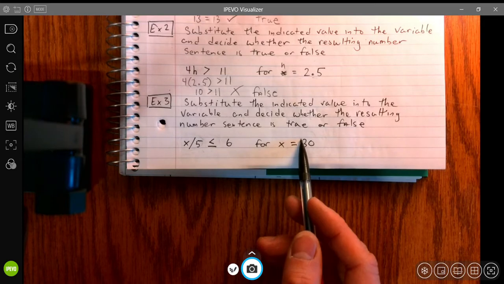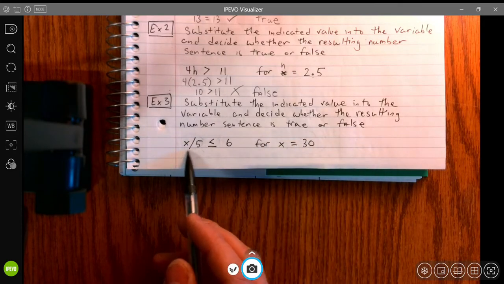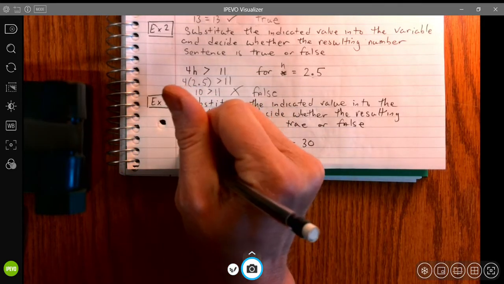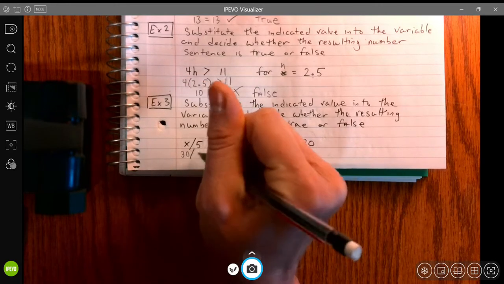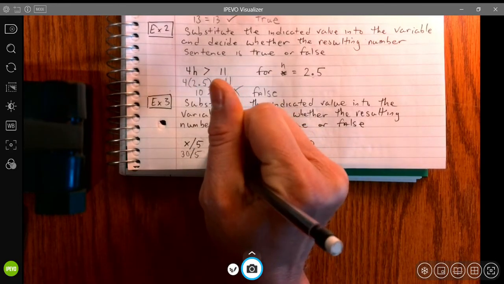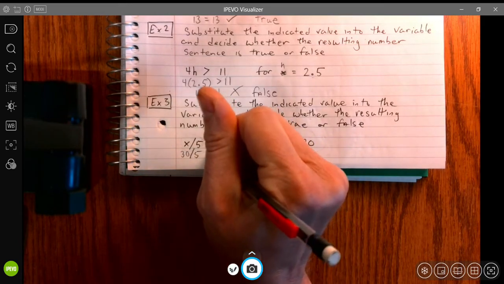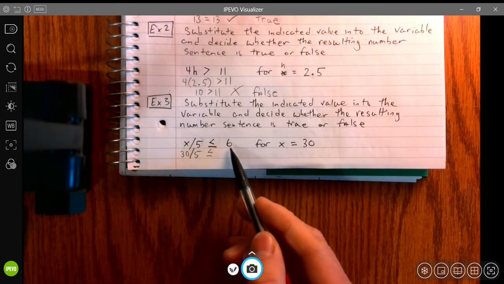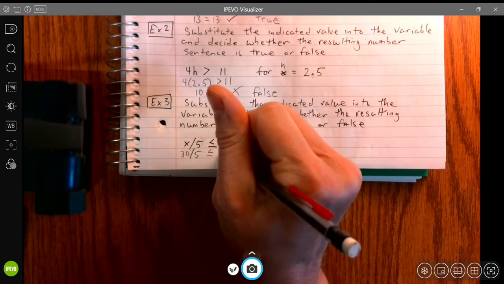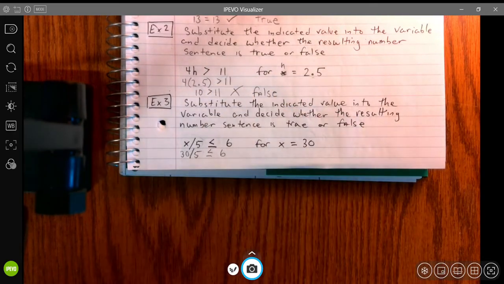So x over 5 is less than or equal to 6 for x equals 30. I'm going to take that 30 and plug it in wherever I see an x. I'm going to copy down my less than or equal to sign. And there's no operation on the right side, so I'm just going to copy down that 6.